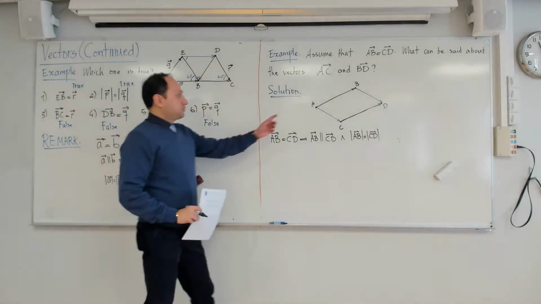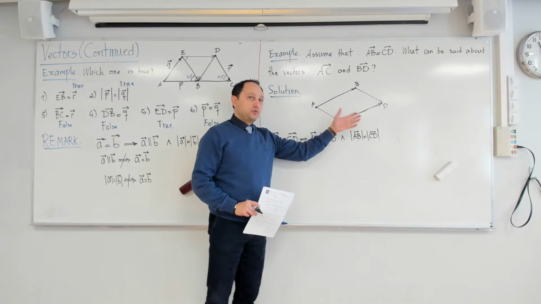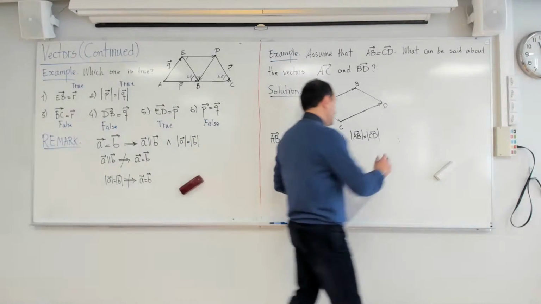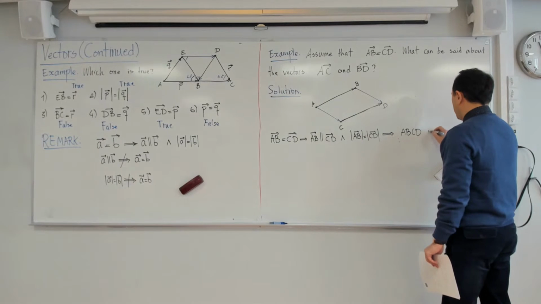If I have a quadrilateral with these two properties, that quadrilateral can be shown to be a parallelogram. Yes? So this implies that ABCD is a parallelogram.